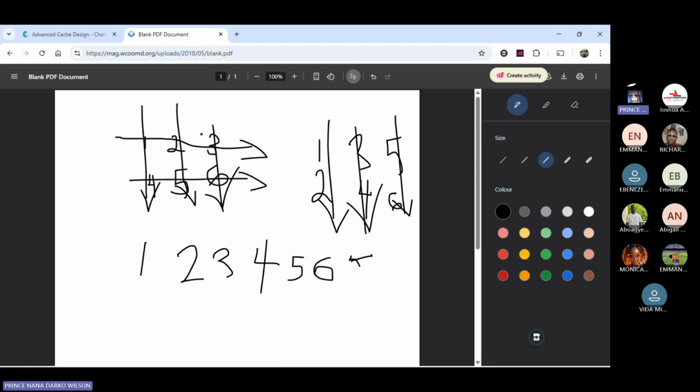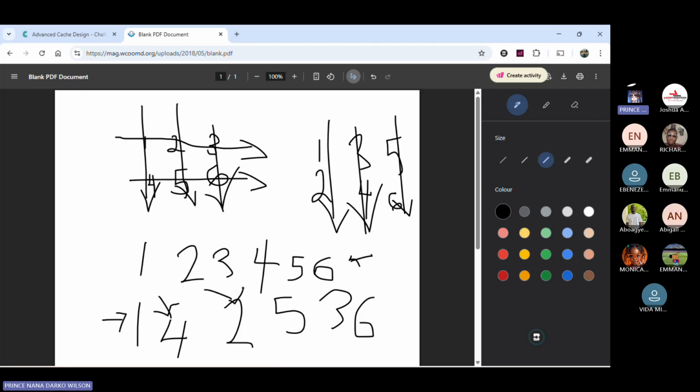If the data from this side is read through columns, what we are going to have listed will be 1, 4, followed by 2, 5, followed by 3, 6. This means we read memory addresses in indefinite orders, making it sometimes possible to overlook particular lines that needed to be read first, or that needed to be referenced or addressed first.